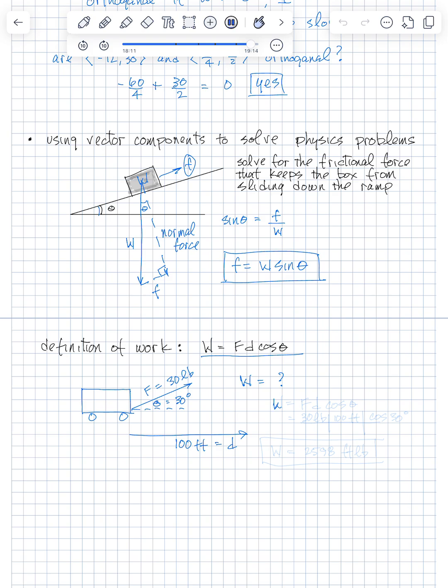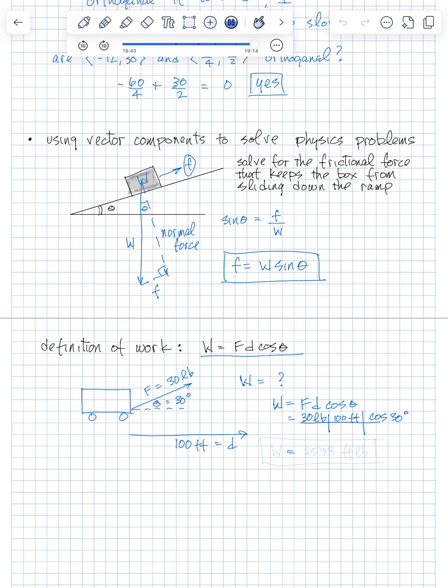So work is FD cosine theta, which is 30 pounds. The displacement is 100 feet. And then we have cosine 30 degrees.